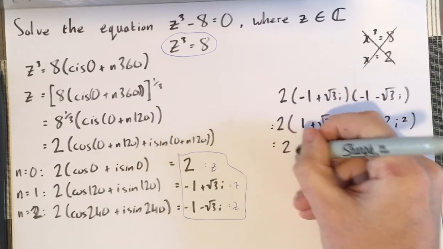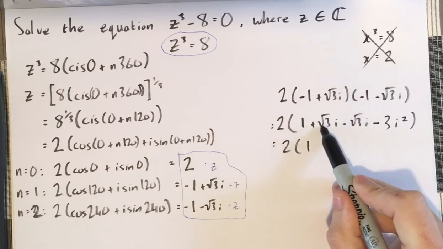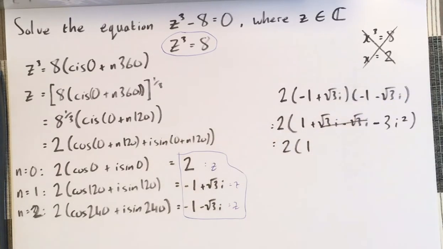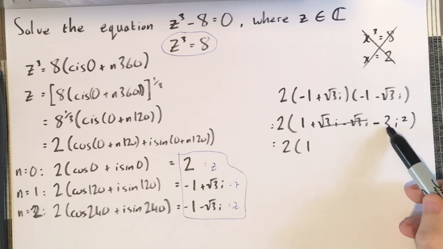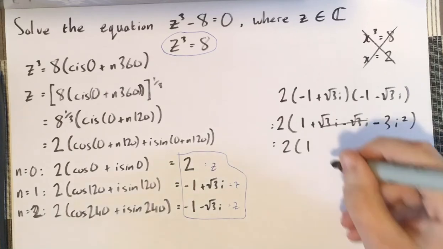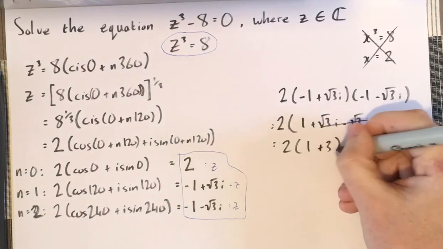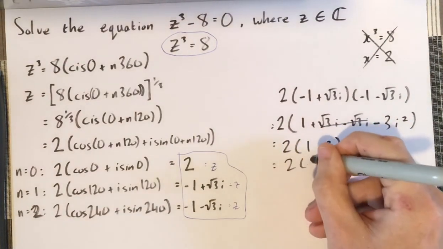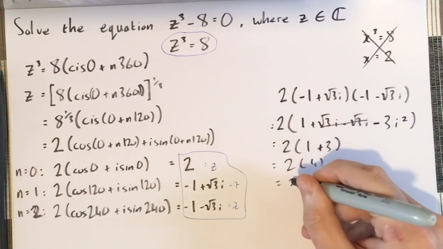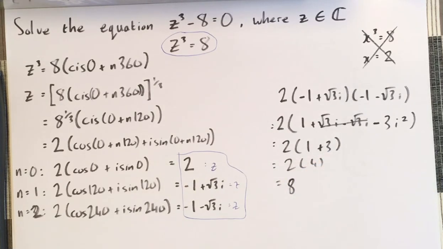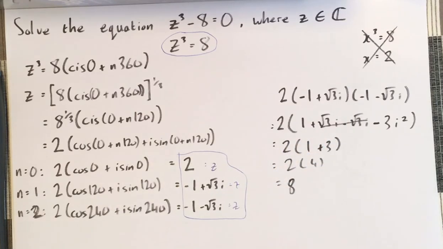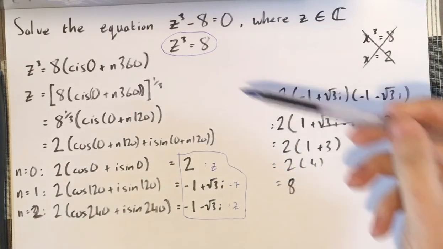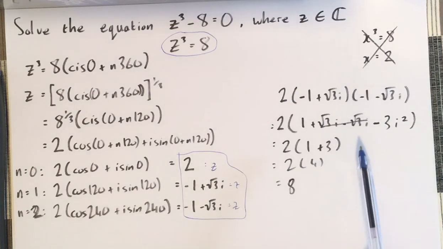So this is equal to 2 times 1 plus root 3i minus root 3i, that's 0. Whenever you get i squared in a complex number question, you sub in minus 1, so minus 3 by minus 1 is plus 3. 1 plus 3 is 4, and 2 times 4 is 8. That shows that these 3 complex numbers, when multiplied together, do give you 8, so they are solutions to that equation.